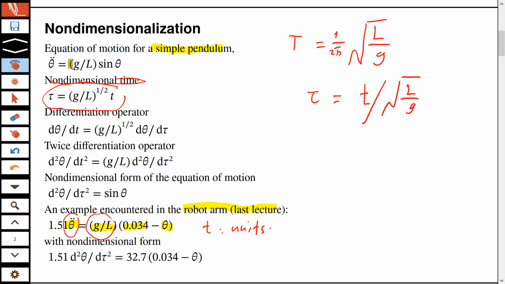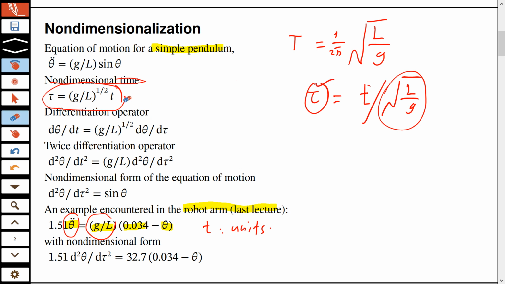G over L is needed because theta double dot has differentiation with respect to physical time, and we can get rid of that time by defining a new time, tau, which is the physical time divided by some constant time, and the units of these two will cancel out. So it doesn't matter whether you are dealing with seconds or minutes or hours, tau will still have no units because they will cancel out anyway.